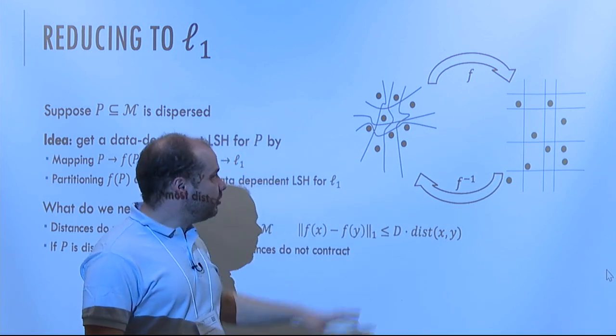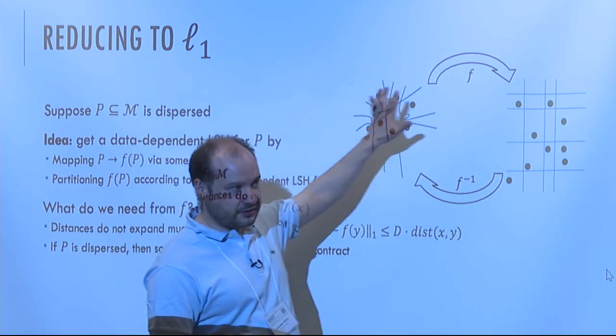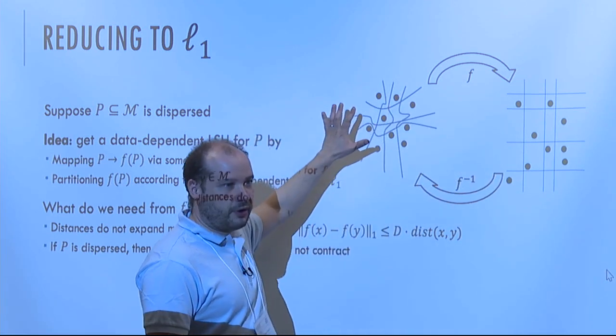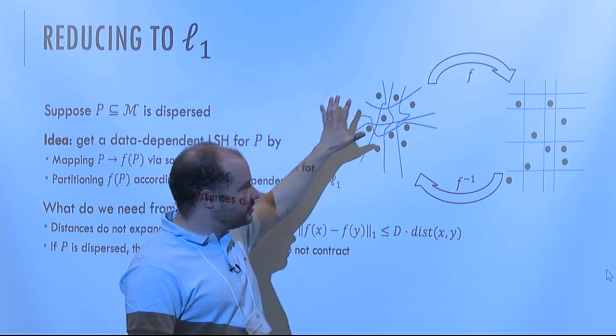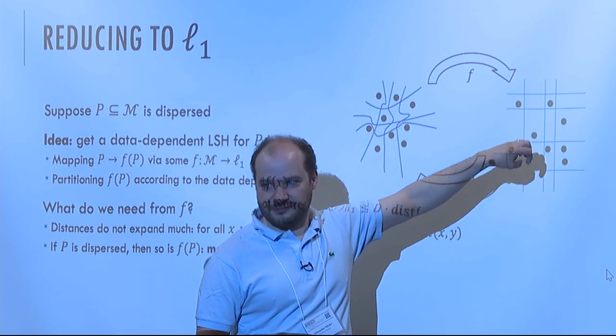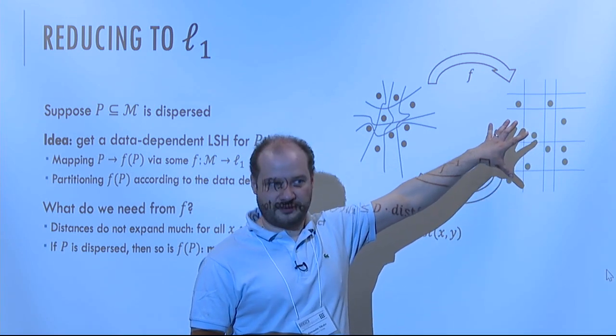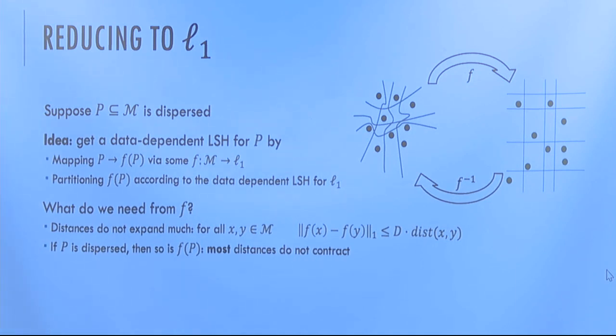But I only know that the original point set is dispersed. So what I need from f is that it maps a dispersed set to a dispersed set. If there is no ball here of radius CR that contains more than half the points, there better be no dense ball here. Most pairs of points here better be well separated. And if I have that, then I would have a data-dependent LSH for the original point set P. All the guarantees will be satisfied. So the main thing I need to make sure is that I have a function f like this.